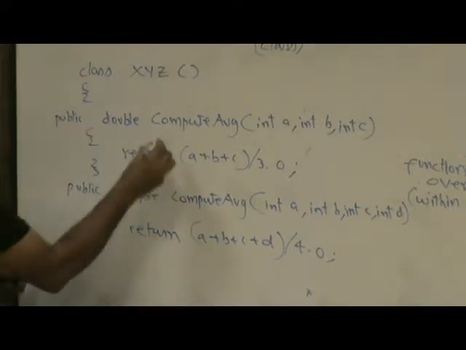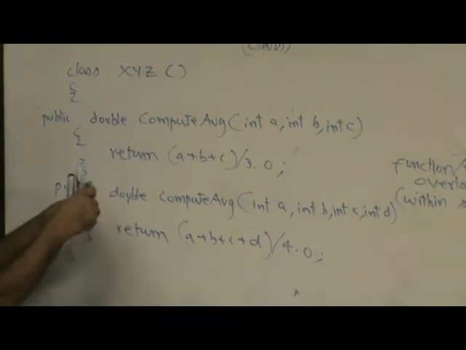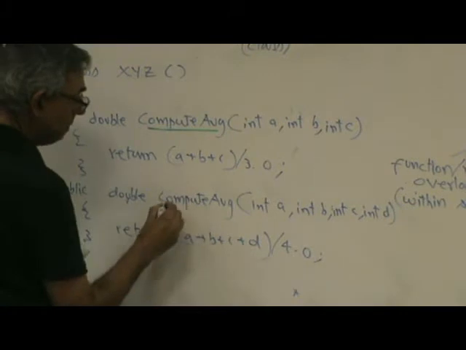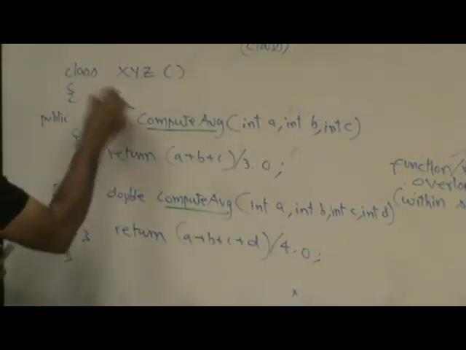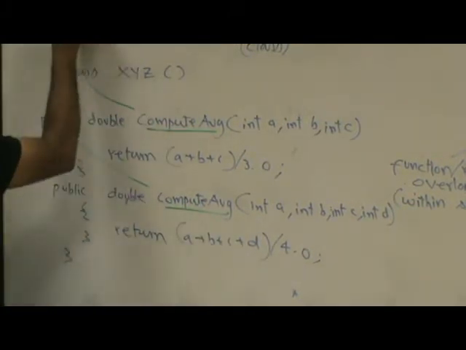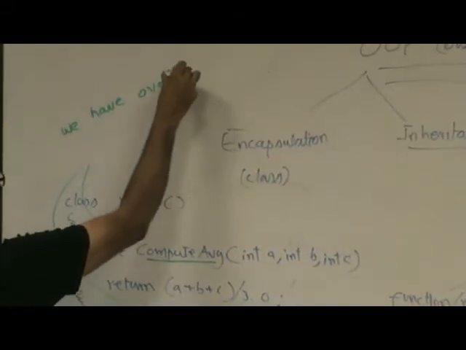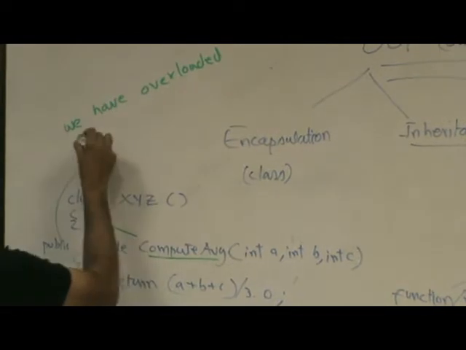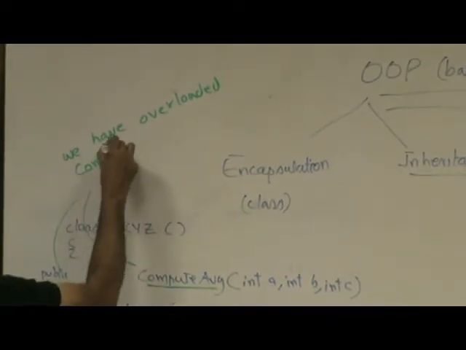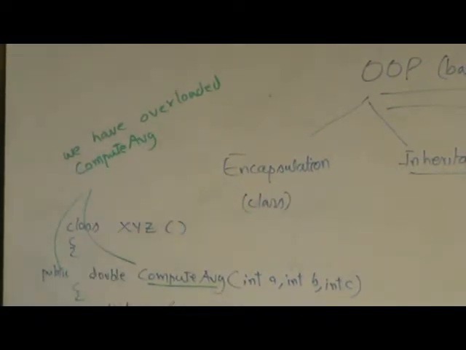Is it okay to have both be called computeAvg? If that is okay, in the technical terminology we say we have overloaded computeAvg, meaning there are 2 computeAvgs.